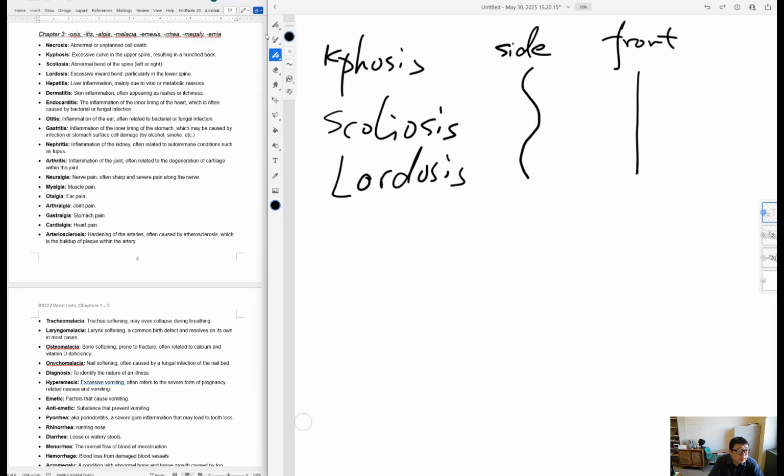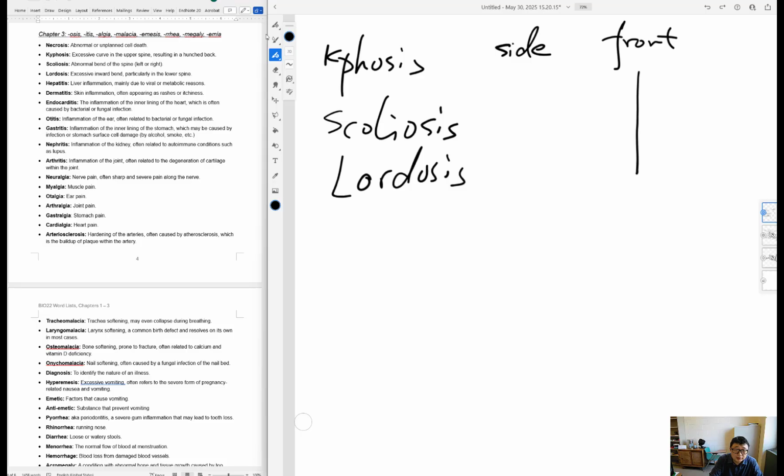Okay, then what is kyphosis? Let me double check. I'm looking into my cell phone now to see whether my spine is drawn correctly. Oh, see, that was not right.